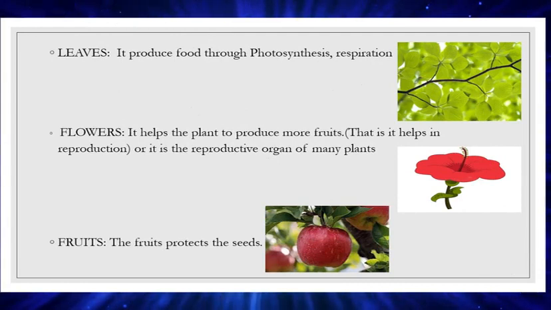Leaves. What does a leaf do? The leaves produce food through photosynthesis, and respiration. When you say respiration, it is when the plant is breathing. We human beings breathe, so plants also breathe. The leaves help it to breathe.